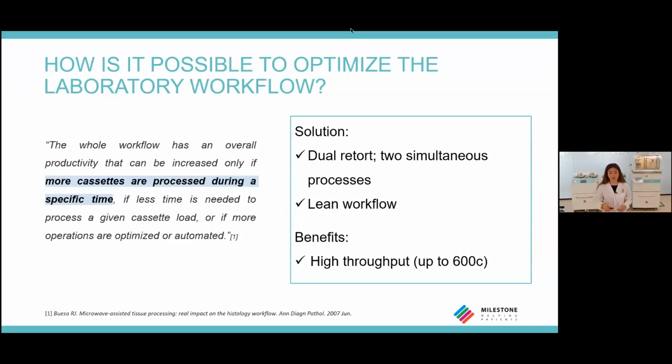A solution for this in our tissue processor is to have two cavities that allow two processes to be run at the same time. So in this way, we can manage up to 600 cassettes at the same time.